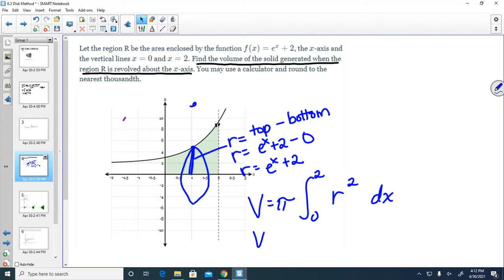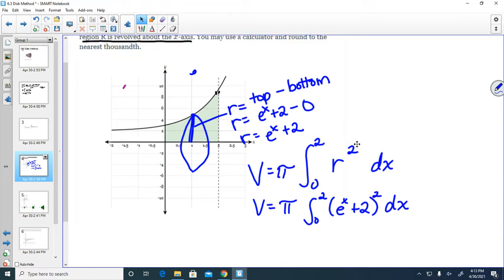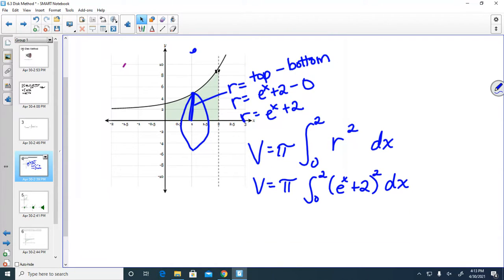And my radius is e to the x plus 2, squared dx. I'm going to grab my calculator to calculate this integral for me.